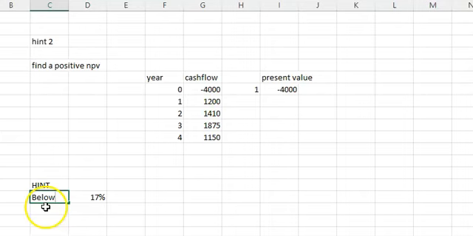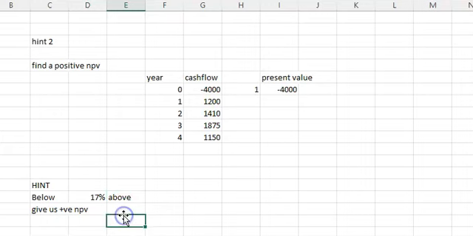Any number below the given rate, at least below by 5 or 7, will give us a positive NPV. Any number above the given rate will give a negative.